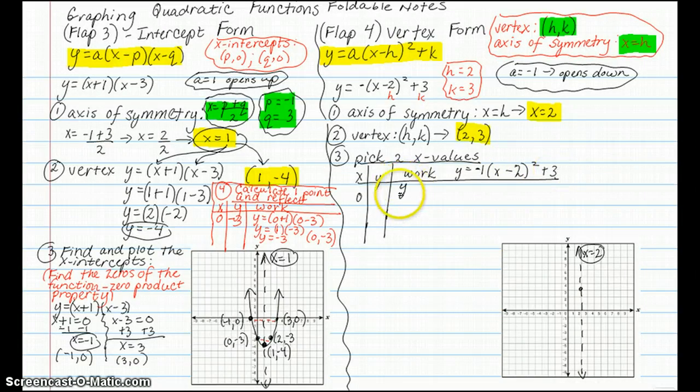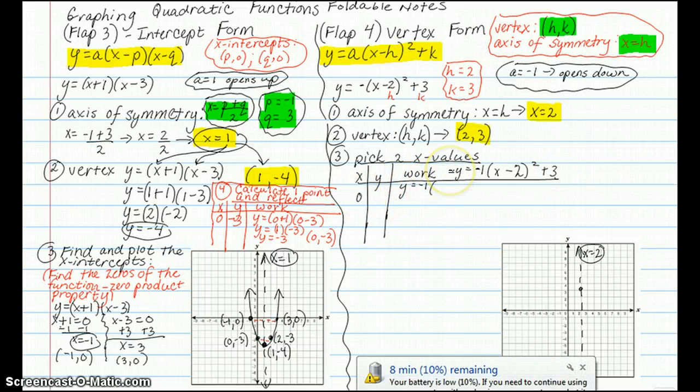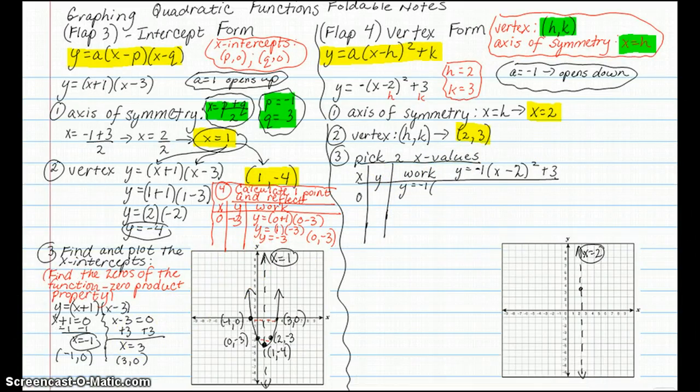So y equals negative 1 times 0 minus 2 squared plus 3. 0 minus 2 is negative 2 squared plus 3. Negative 2 squared is 4 times negative 1 is negative 4 plus 3. So negative 4 and 3 is negative 1. So the ordered pair is 0, negative 1. That's a y-intercept. We're labeling it 0, negative 1.